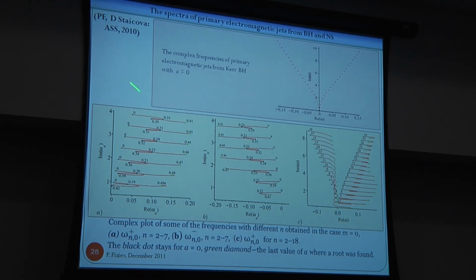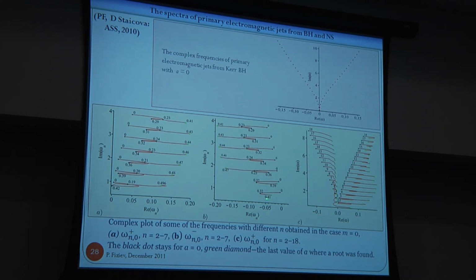And in this article published in Astrophysics and Space Science, 2010, we obtained for the first time these spectra. They are completely different from the spectra for quasi-normal modes. Nevertheless, we have used black hole boundary conditions. So these frequencies are frequencies of the jets from black holes, as solutions of the Teukolsky equation, and the black hole is a Kerr black hole, of course.